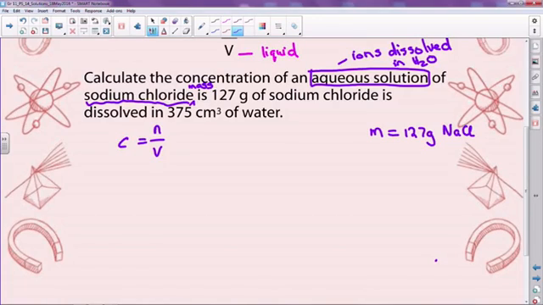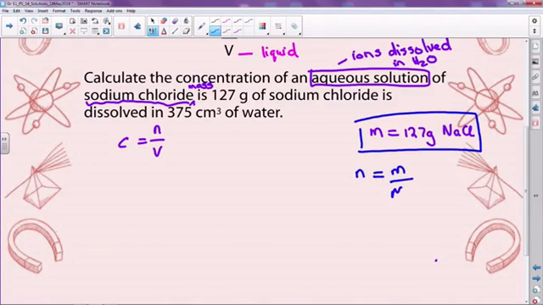Moles I don't have at the moment. All I've got is a mass. So I'm going to have to do a second calculation where I use mass divided by molar mass to work out my number of moles. Once I've done that, I'm able to substitute that value back into my original equation.